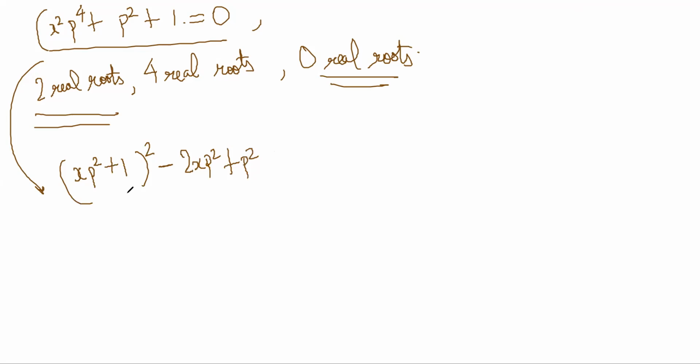This is the same thing as this: x square p power 4 plus 1 plus 2x p square, minus 2x p square cancels, and plus p square.